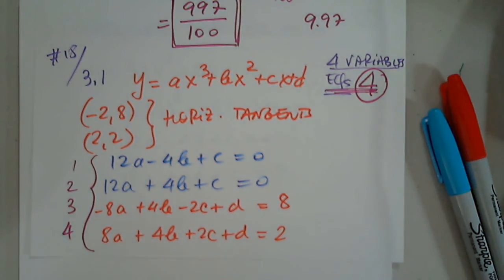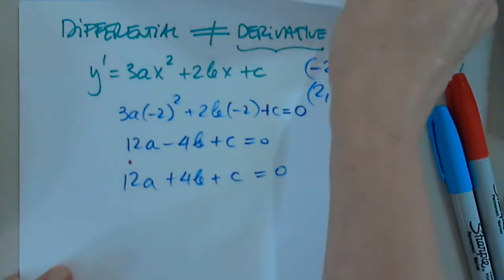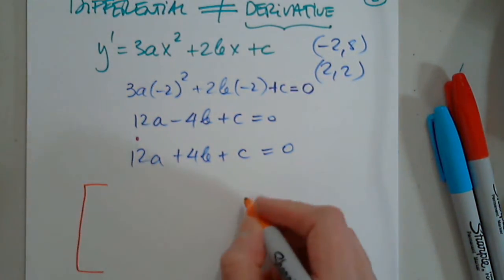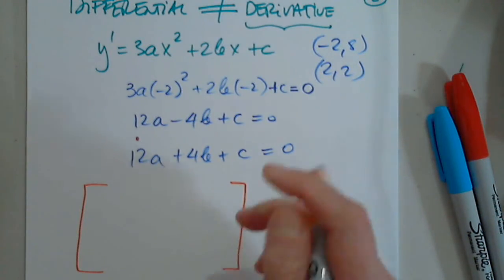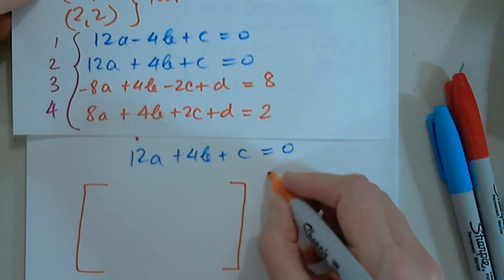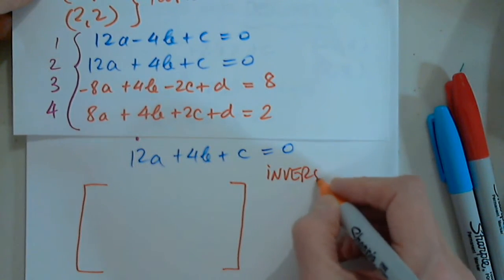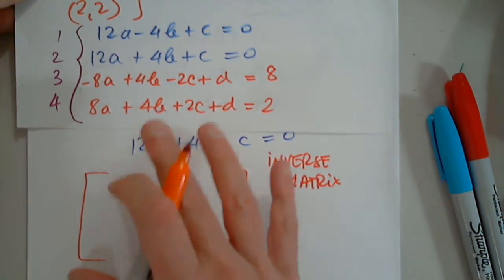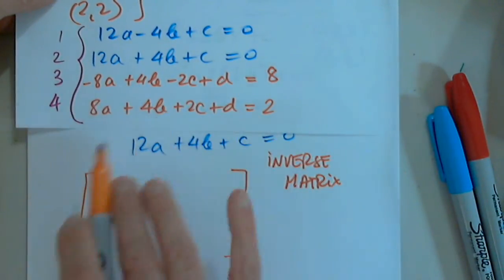Okay, here's what we're going to do, the easiest way possible, I think. I'm going to create a matrix with the coefficients. This method is called the inverse matrix method of solving systems of linear equations.